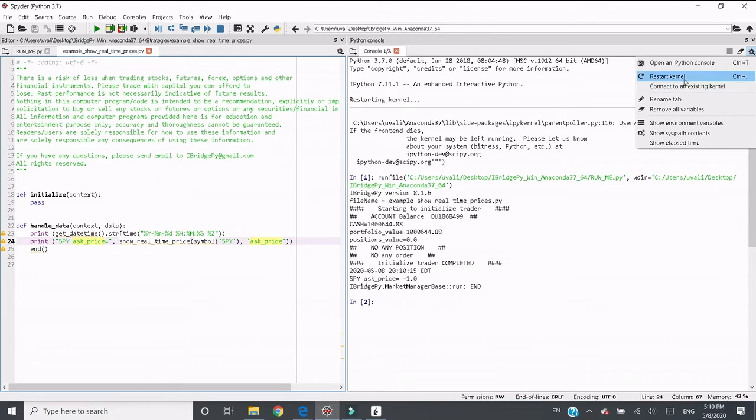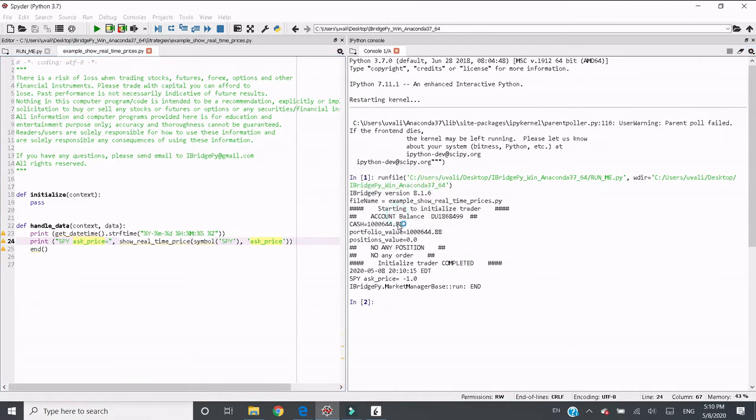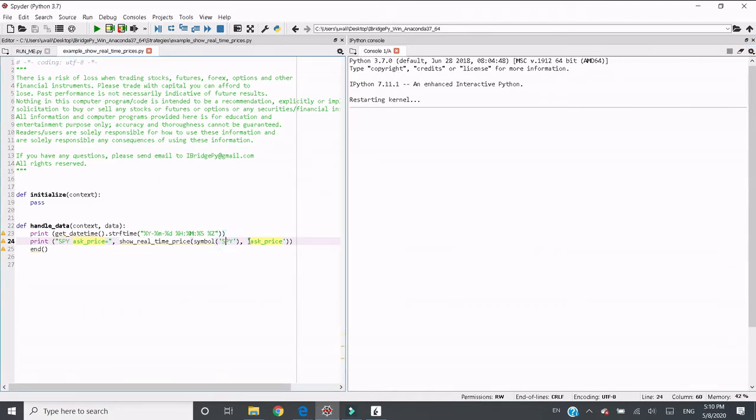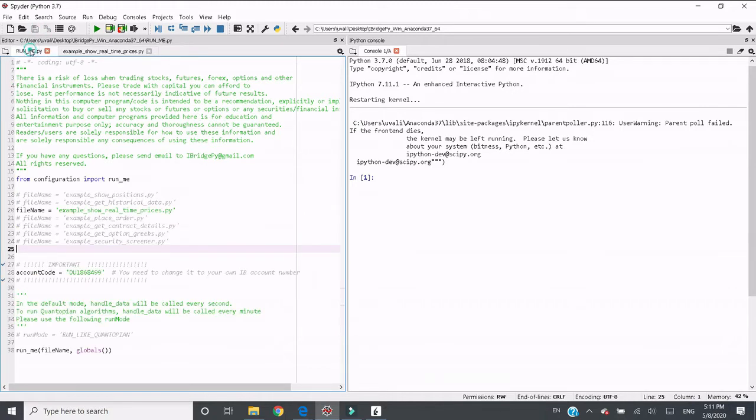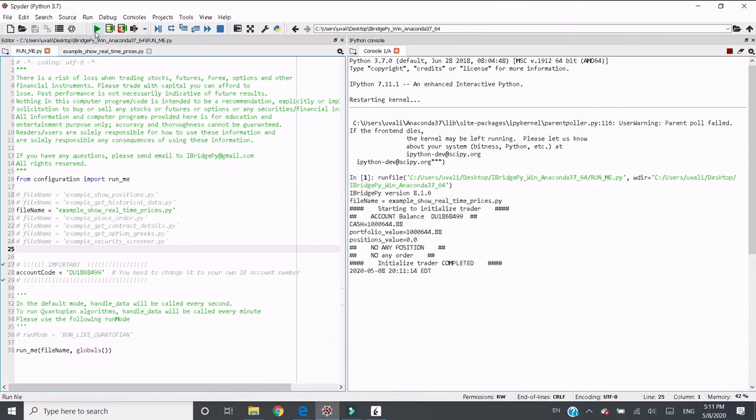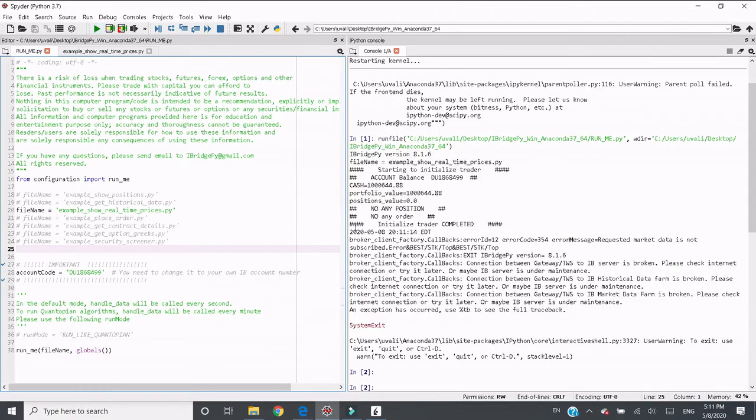The next example, this time I change to AAPL, the ticker for Apple company, with ask price. Let's see how it goes. Okay, there is an error message.